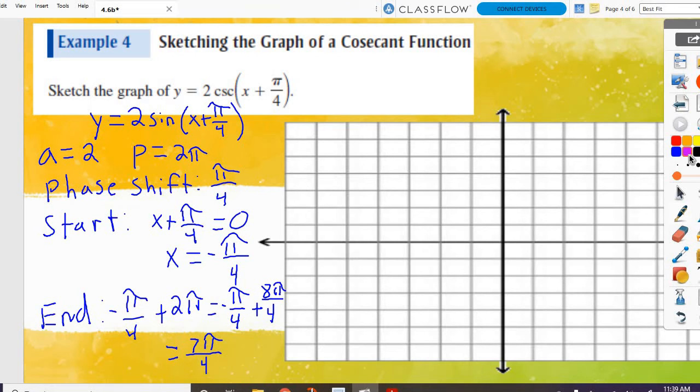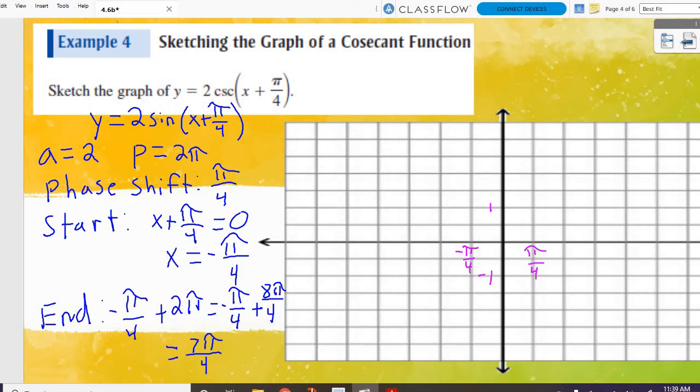So then I'm just going to label my graph like I would normally. I'm going to go by 1/2 on my y-axis. And because we're looking at things that have pi's over 4s in them, I'm going to label my x-axis by pi's over 4s. So we know that for sine, it's going to start and end at a 0.